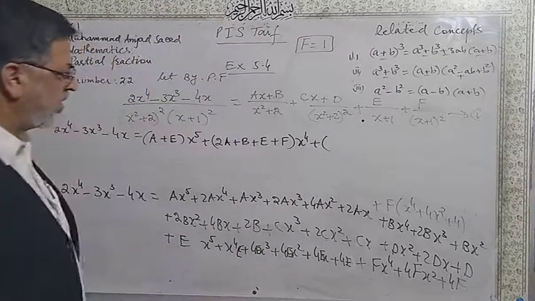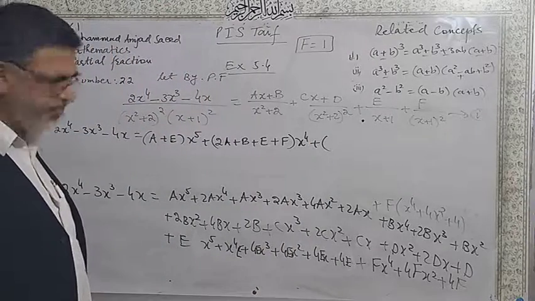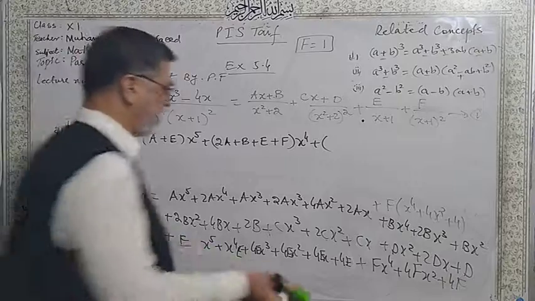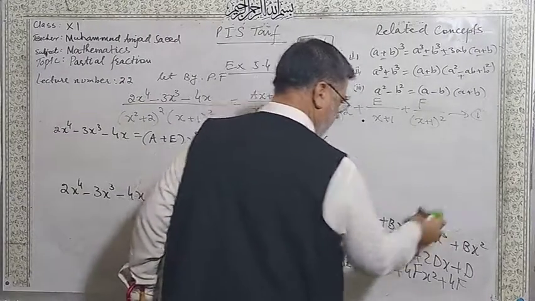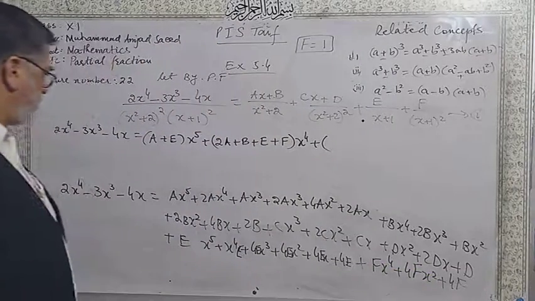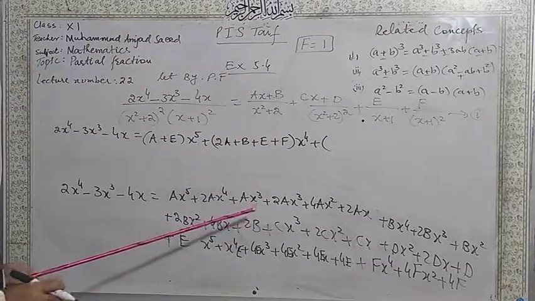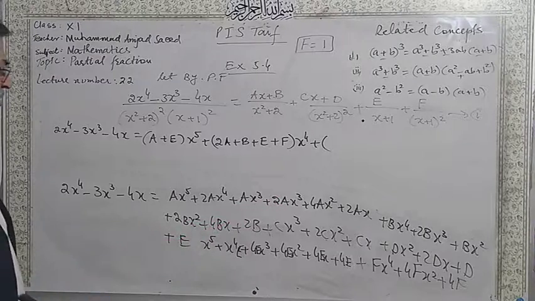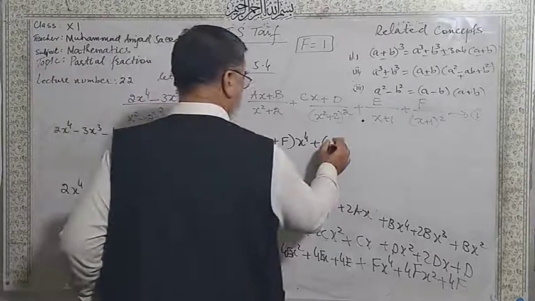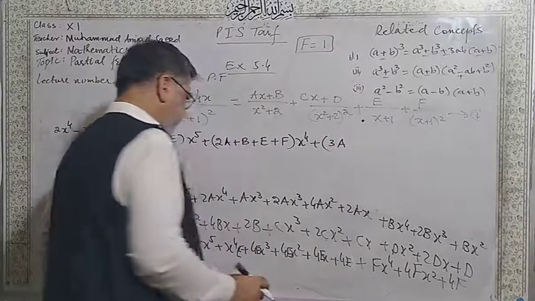After that, we will find the cube terms. We will combine the cube terms. So this is ax cube plus 2ax cube, this will be 3ax cube. So we can write down directly 3a.